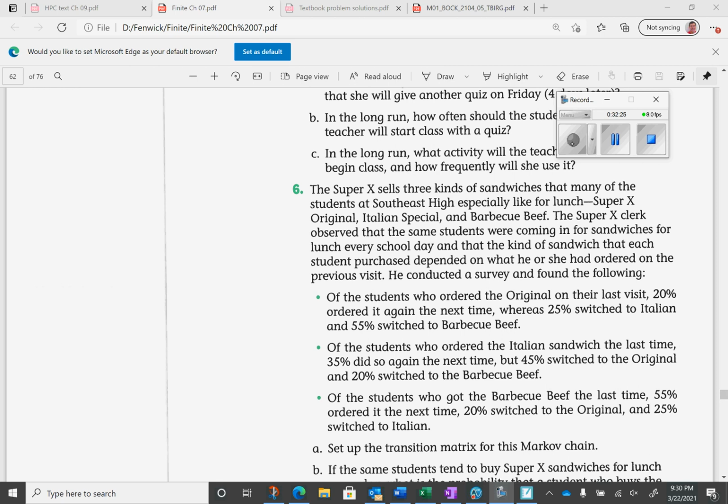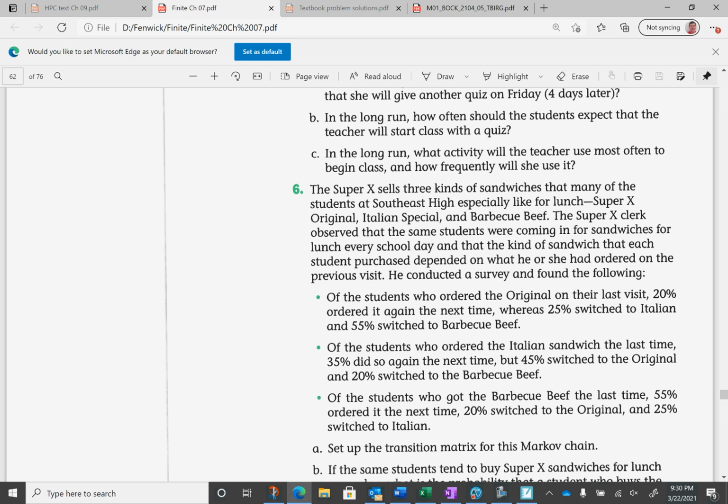All right, for number 6, the Super X sells 3 kinds of sandwiches that many of the students at Southeast High especially like for lunch: the Super X Original, the Italian Special, and the Barbecued Beef. The Super X clerk observed that the same students were coming in for sandwiches every school day. The kind of sandwich that each student purchased depended upon what they'd gotten the day before.